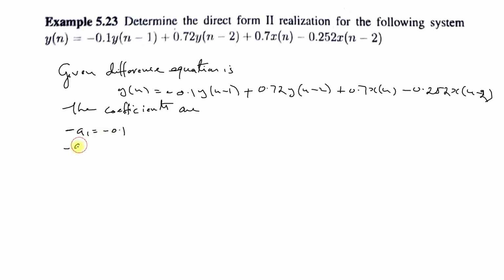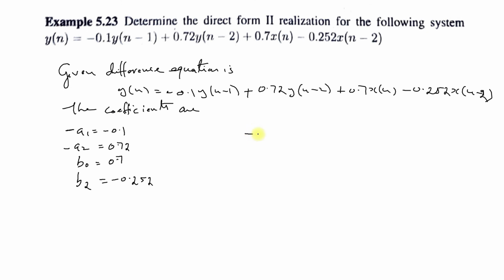Then we have minus a2 equal to 0.72. Then here we have b0 equal to 0.7. Then we don't have x of n minus 1. So next one is b2 equal to minus 0.252. So these are the coefficients.